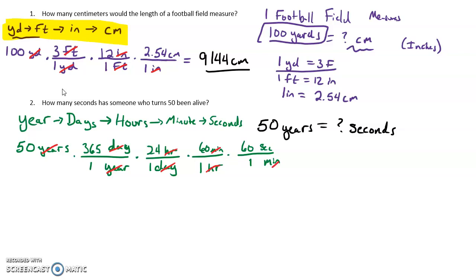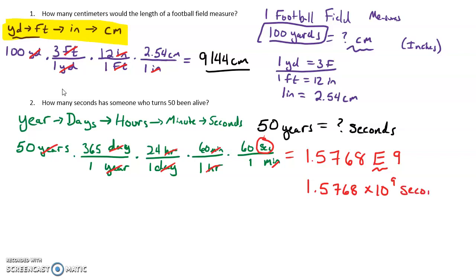So this will be, I'm actually getting a number in scientific notation. We talked about this a little bit in the last video. It's 1.5768, and then my calculator tells me E9. All the E stands for is that this is 1.5768 times 10 to the 9th power. And don't forget our last unit that we ended with, which is seconds.